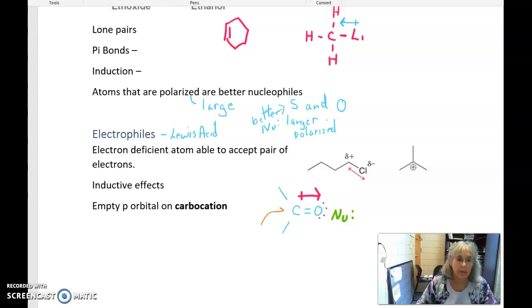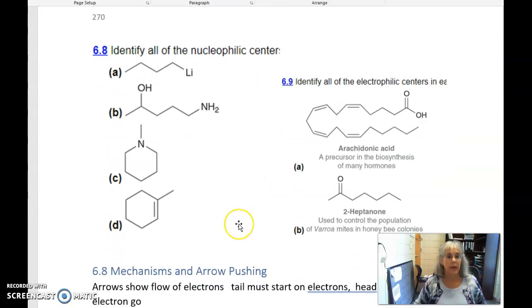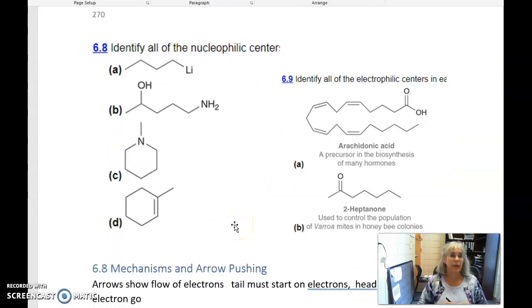This carbon here is going to be positively charged, and that makes it an electrophile. Okay, so the carbon end of it is the electrophile and the other is a nucleophile. So let's look at some examples. I can pull this up and see if we can identify the nucleophilic and the electrophilic centers. This is a good time to turn off your video feed and try these on your own.